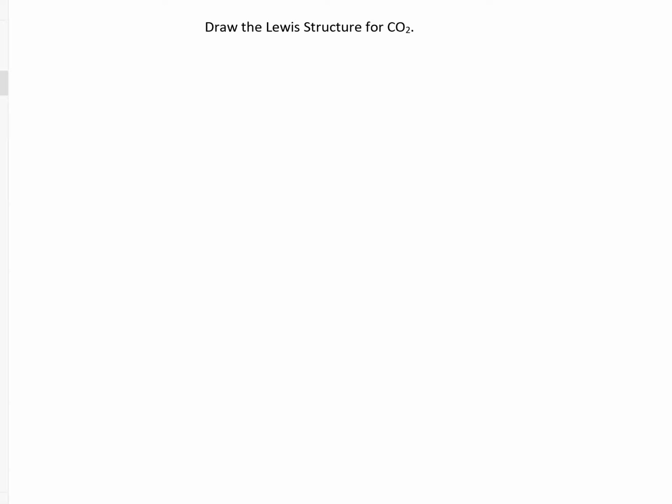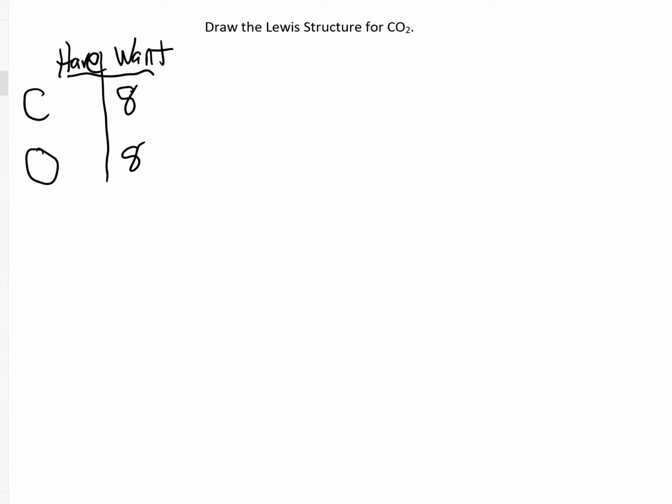First off, we need to take into account how many valence electrons each element has. So we've got carbon and oxygen. We have, and we want to have. Now both carbon and oxygen have to follow the octet rule, so they're going to want to have 8.